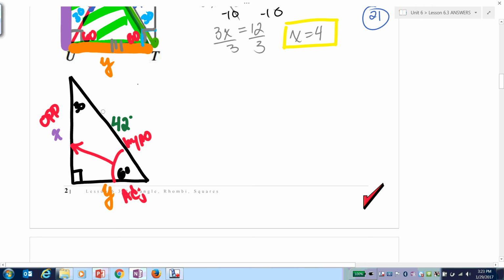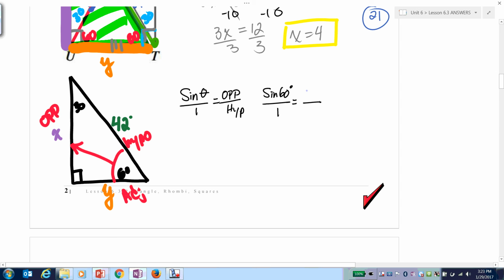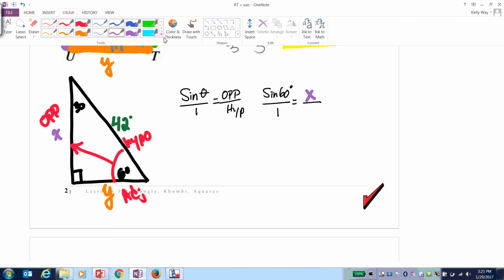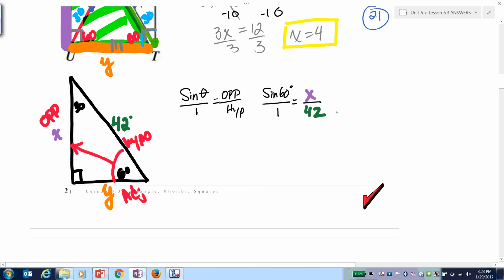To solve for X, it would mean the sine of theta over 1 equals opposite over hypo. And your hypo is 42.